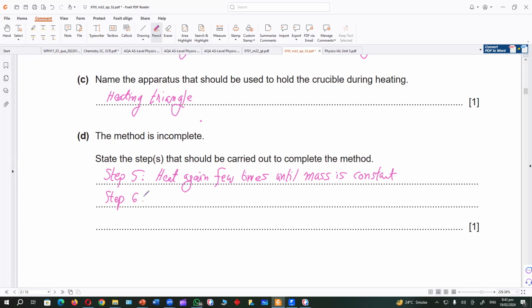Step number 6: subtract the initial and final masses.